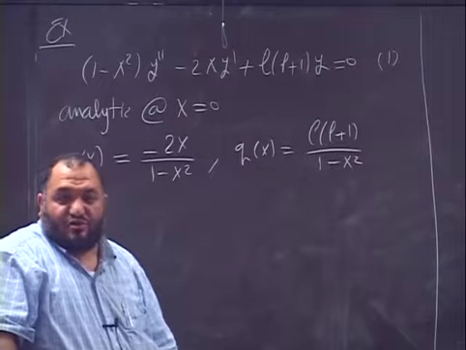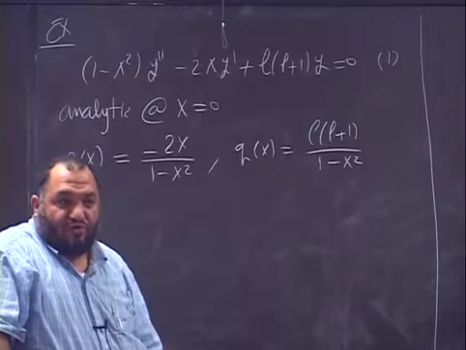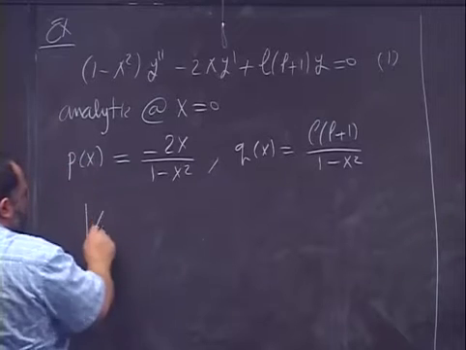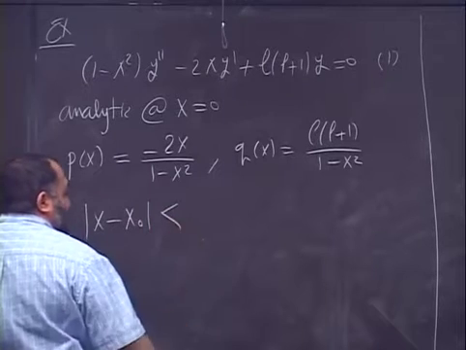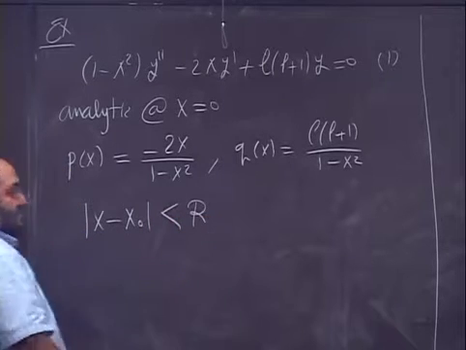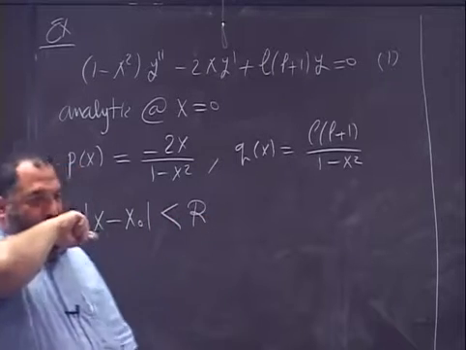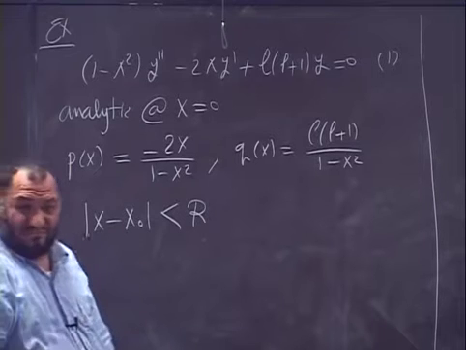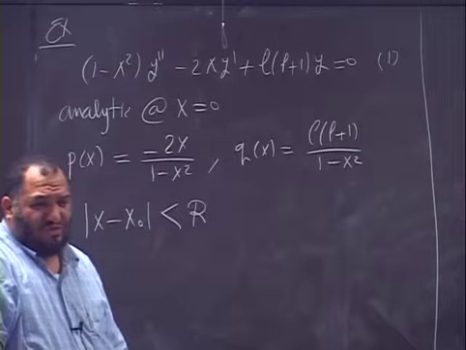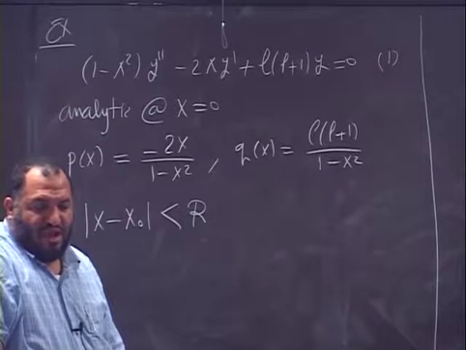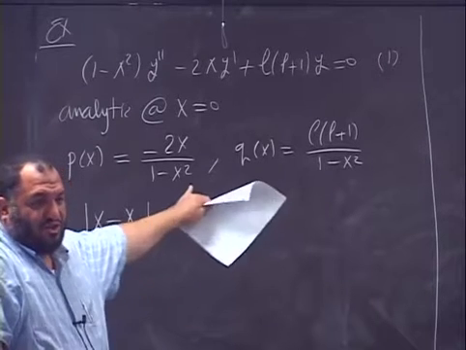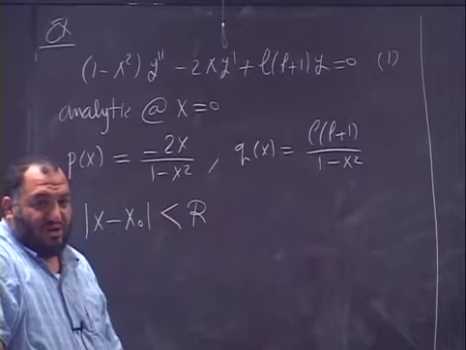And this solution will converge in the region where the absolute value of x minus x0 should be less than what? The radius of convergence. Where do you think the radius of convergence is for this equation? I expect the radius of convergence, since this equation's P and Q have a singularity at what?